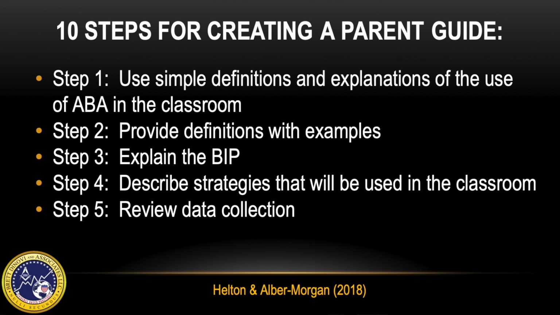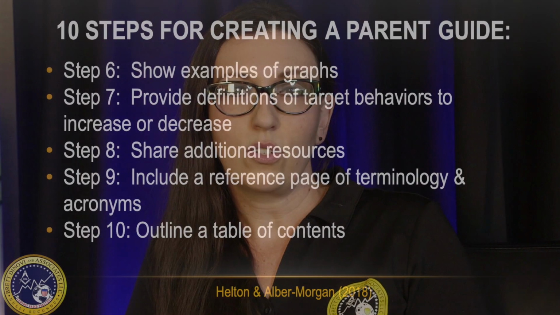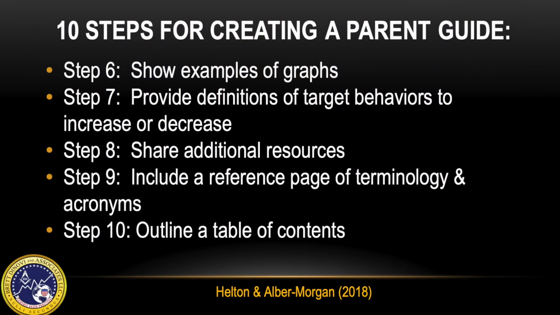These types may include frequency, how often the behavior occurs; duration, how long the behavior occurs; rate, how much of the behavior is occurring per minute or hour, etc.; and trials to criterion. How many learning sessions does it take for the student to achieve the skill or goal? Step 6. Review examples of graphs that show baseline and desired behavior trends and intervention, and explain these data representations to the parents.